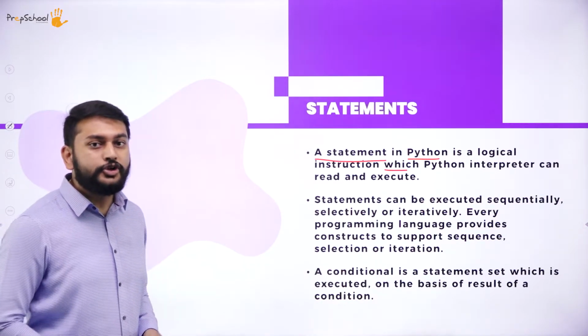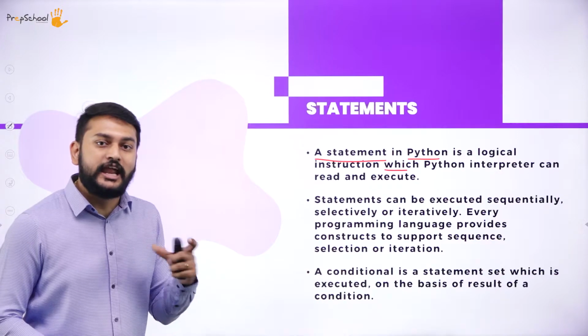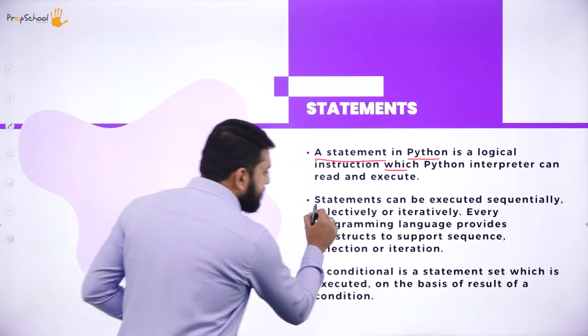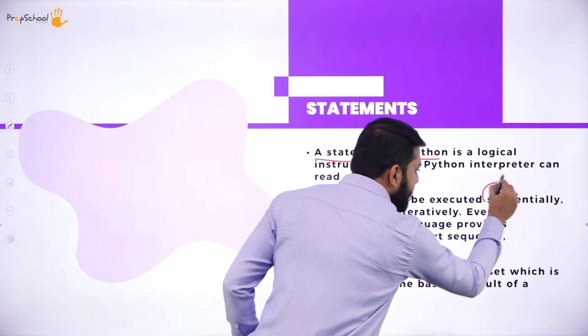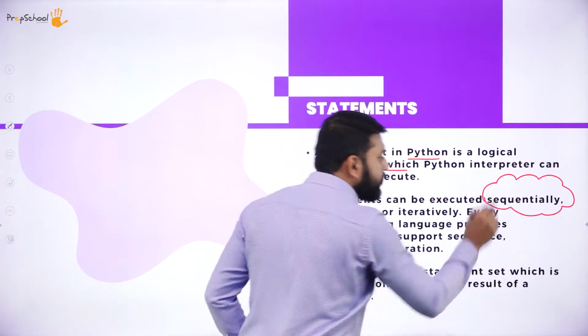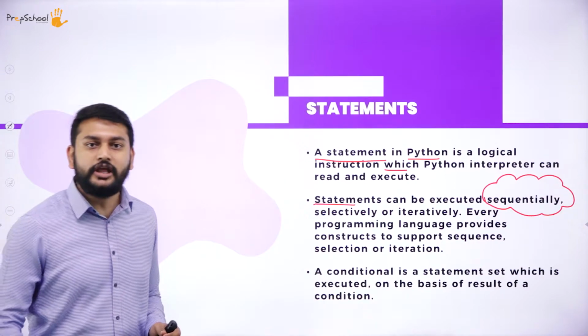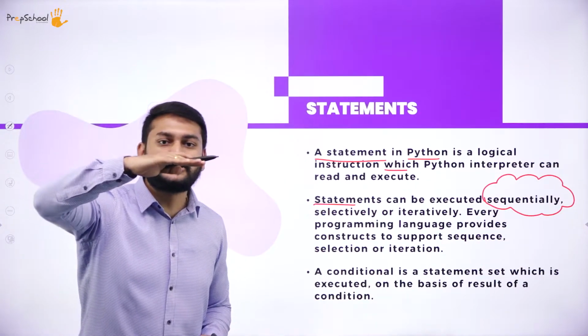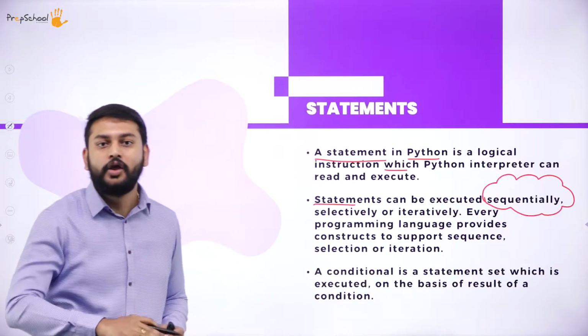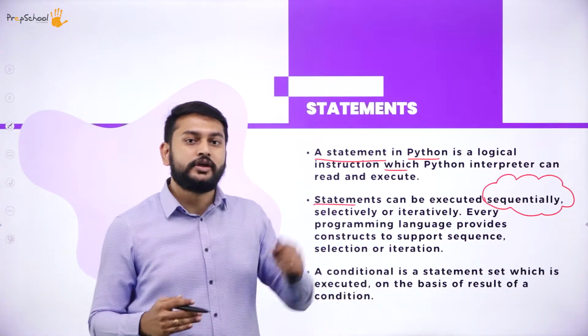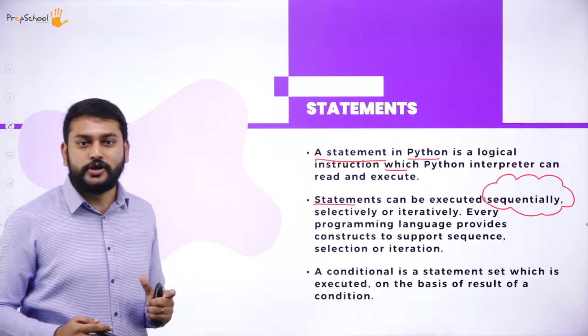What is the second point that you should understand with respect to statements? Statements can be executed sequentially. What is the meaning of sequentially? Whatever instructions I have, I execute them one by one. That is what I call sequential.